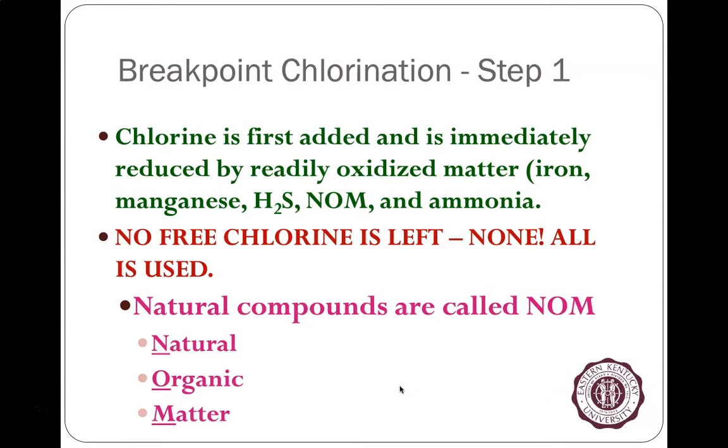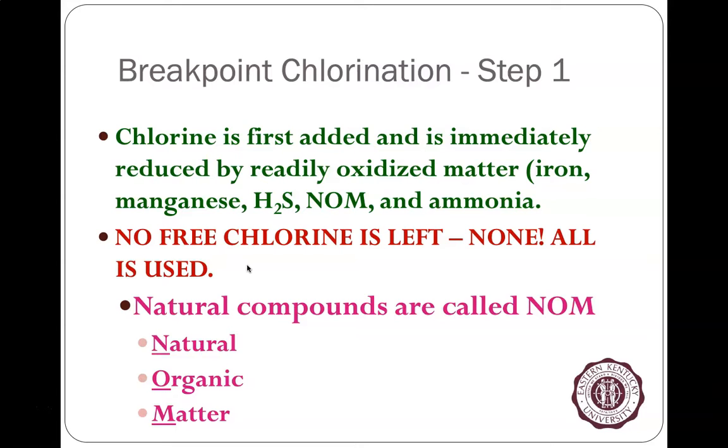So let's review that. Step 1, chlorine is added and is immediately and quickly reduced by readily oxidized matter, like metals, like iron and manganese, hydrogen sulfide gas, NOM, which is called natural organic matter, and ammonia. All the chlorine is used. There's no free chlorine, there's no chlorine residual.